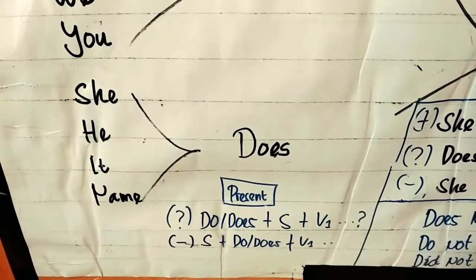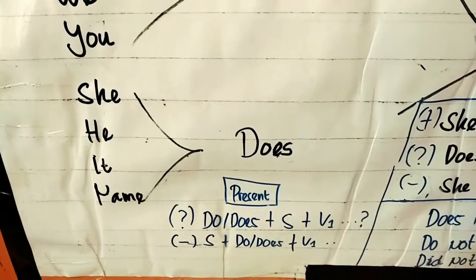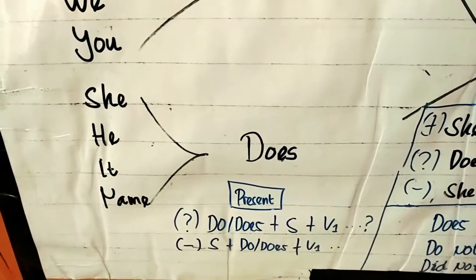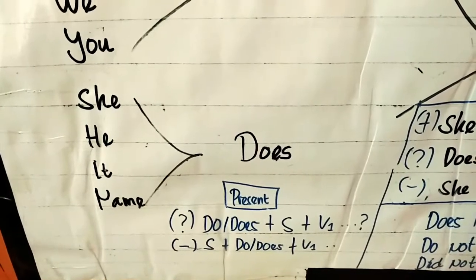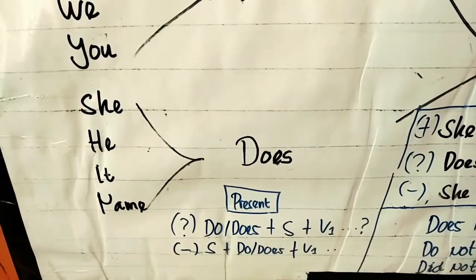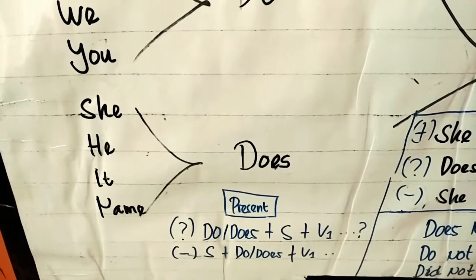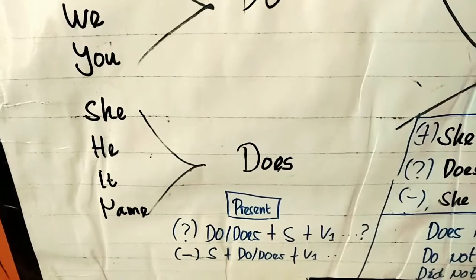It means the past time has its own pattern, different from present and past. I think I have explained to you before in my earlier video.